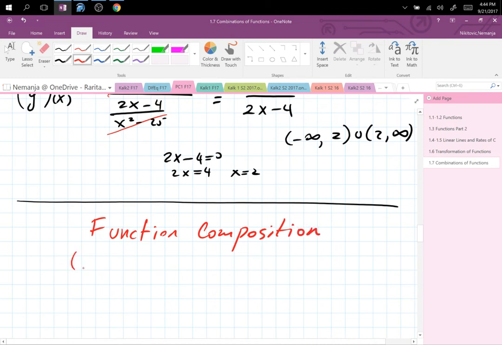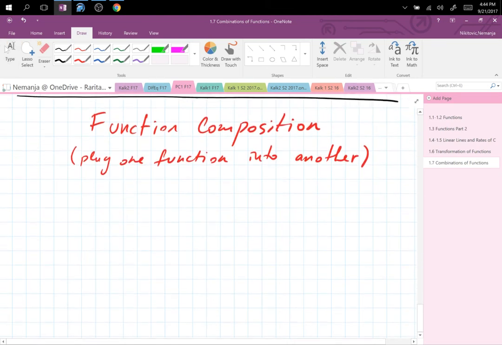And what it entails is plug one function into another. That's what function composition is. It's the same like your bag. Your book has a function of some sort.